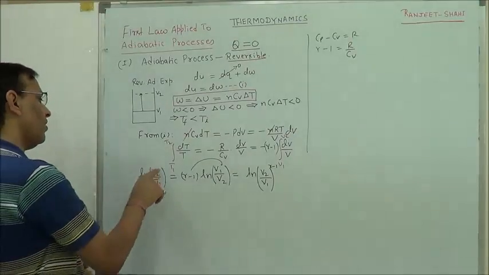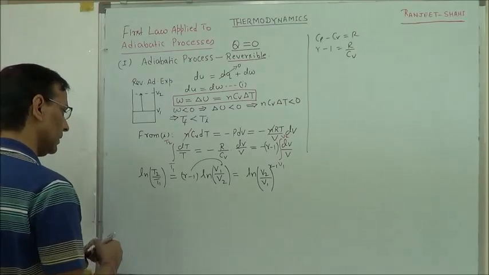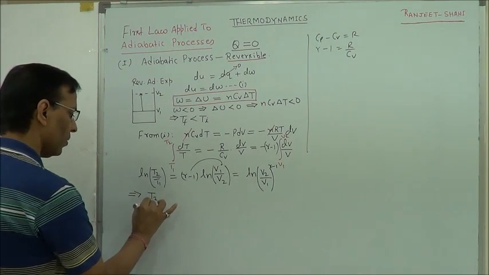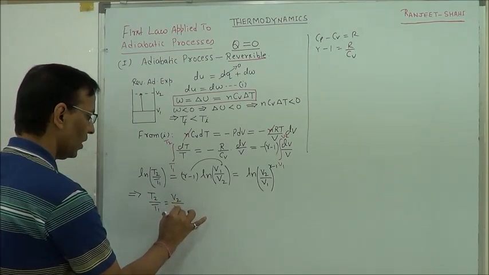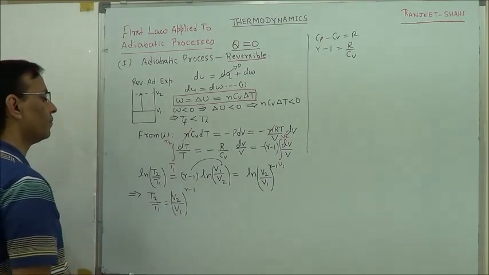So ln T2 by T1 is ln V2 by V1 raised to the power gamma minus 1. This implies T2 upon T1 is equal to V2 upon V1 raised to the power gamma minus 1.